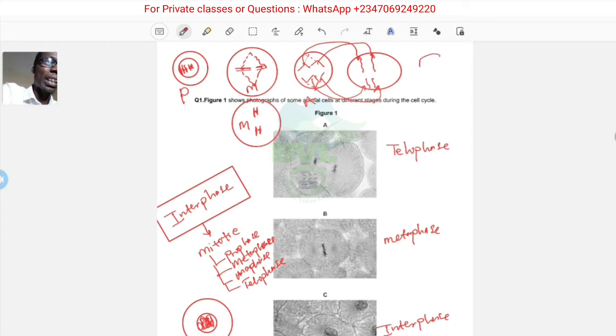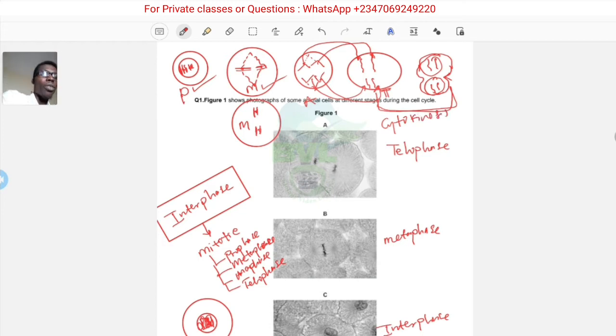Then afterwards, the next thing that happens is cytokinesis, which means that the cell splits into two. You have two nuclei there. So the point is, this is prophase, metaphase, anaphase, then this is telophase. We can call this whole part telophase really, but this actual division is called cytokinesis. Let me write that out. Cytokinesis.